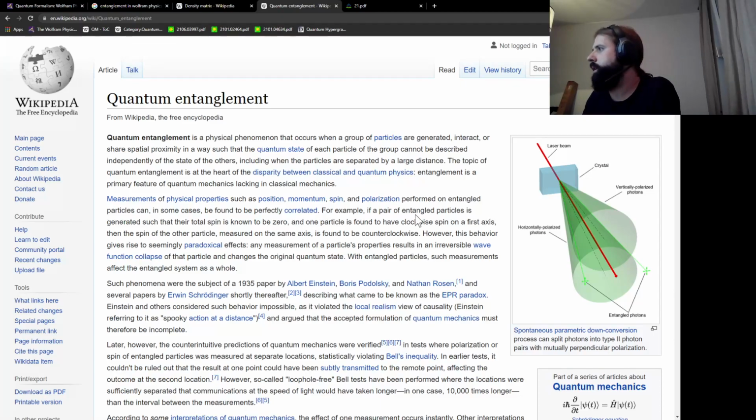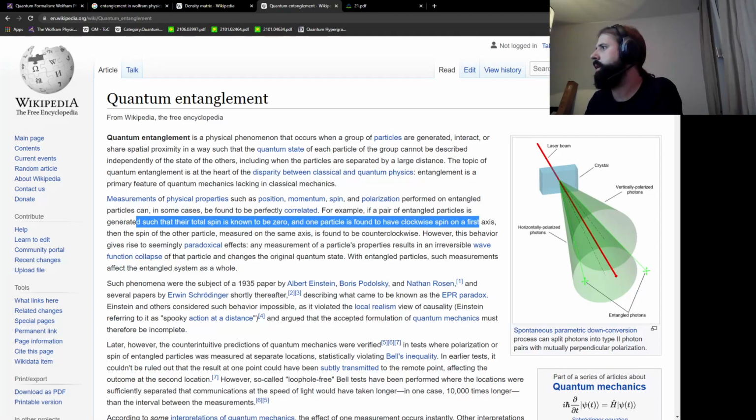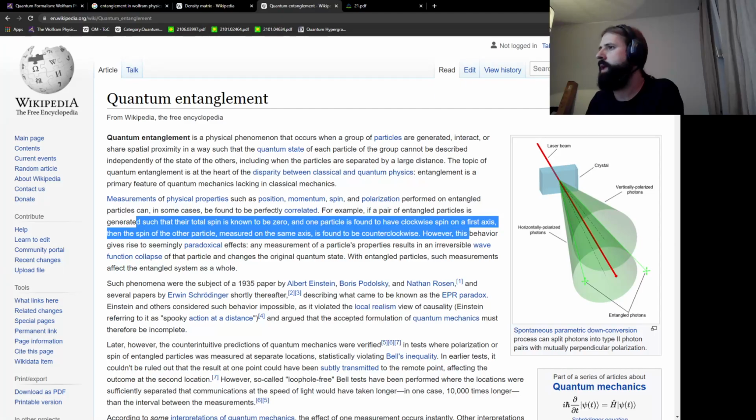For example, if a pair of entangled particles is generated such that their total spin is known to be zero, and one particle is found to have clockwise spin on a first axis, then the spin of the other particle measured on the same axis is found to be counterclockwise. This behavior gives rise to seemingly paradoxical effects.